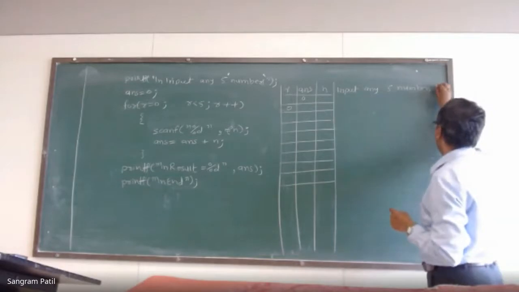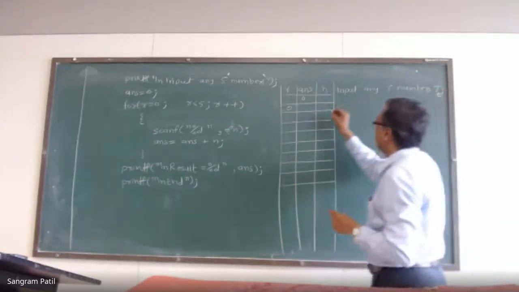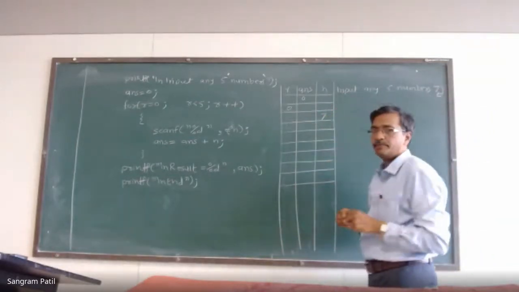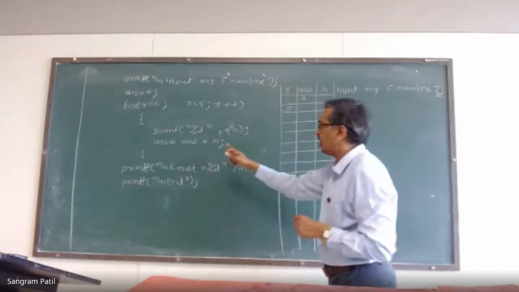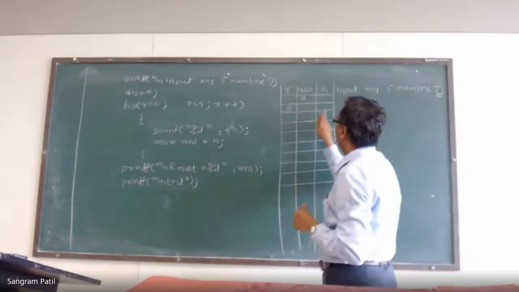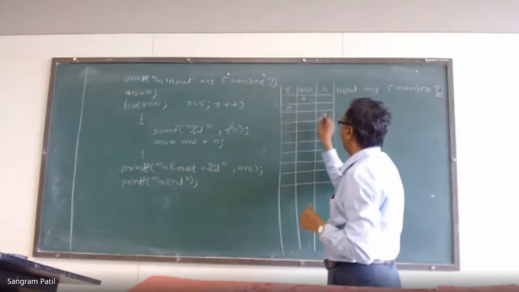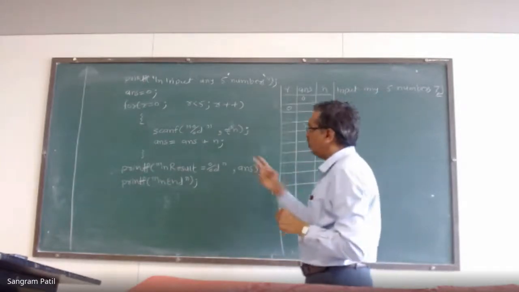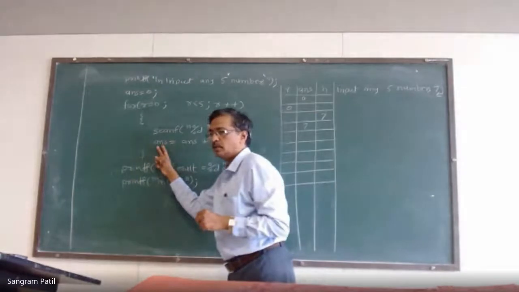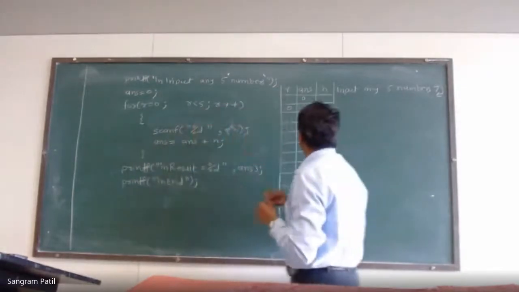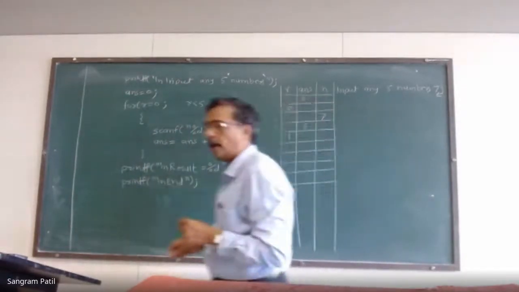If I input 7 and if I press enter key, this 7 will be given to n. Then answer equal to answer plus n. What is value of n? 0. Value of answer is 0, n is 7. So 0 plus 7 is 7, which will be the new value of answer. Curly bracket, r plus plus, value of r becomes 1.